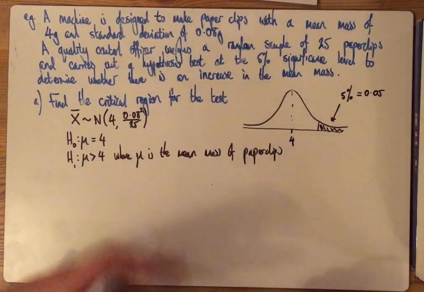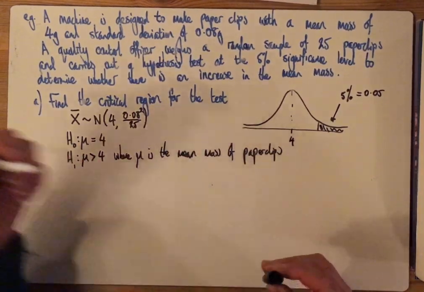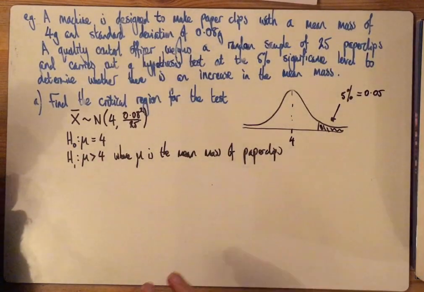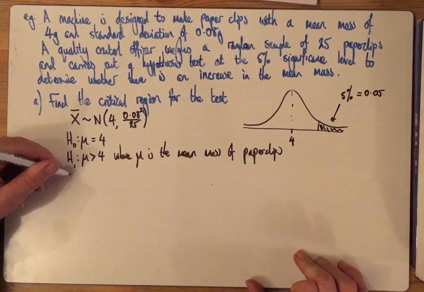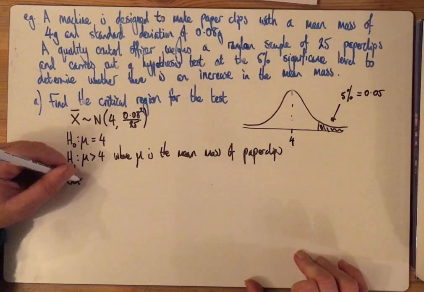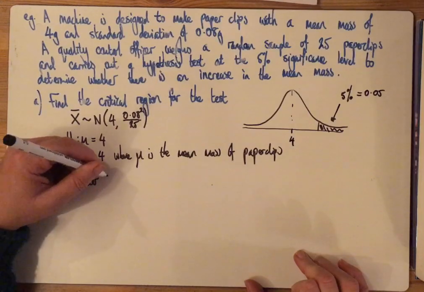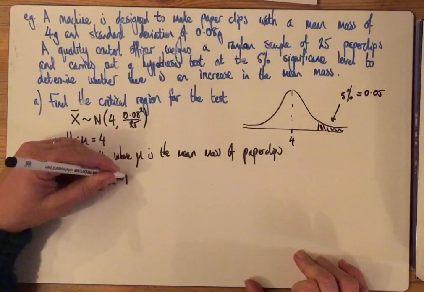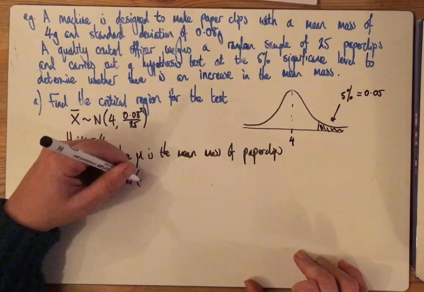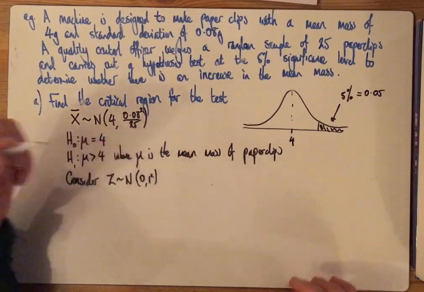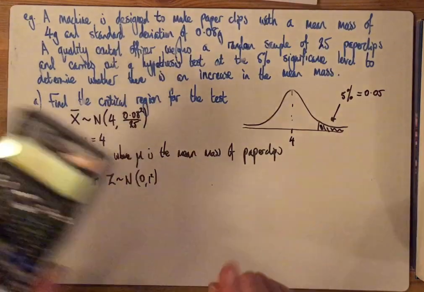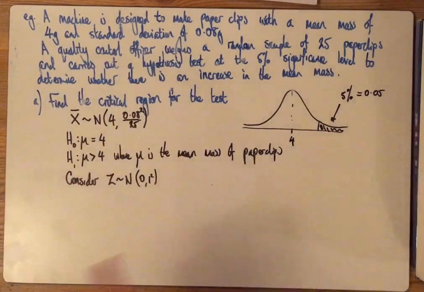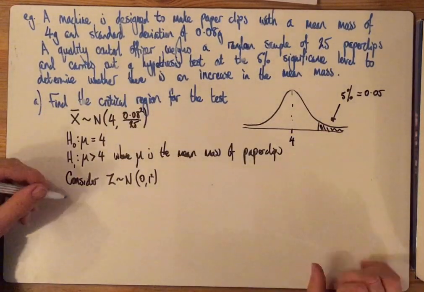And so you need to use the inverse normal function that we were doing a lesson or two ago. So I need to consider Z, which is normally distributed, mean of 0, standard deviation of 1. Remember, your calculator will only do less than on the inverse normal.